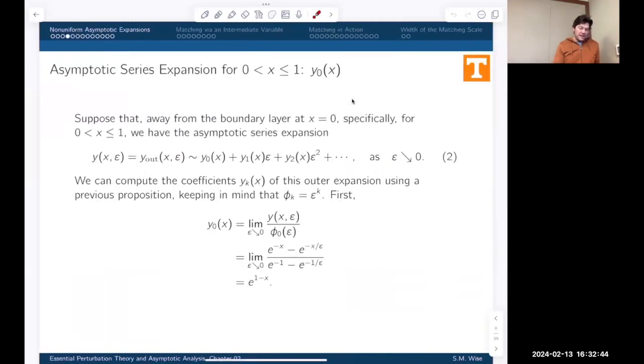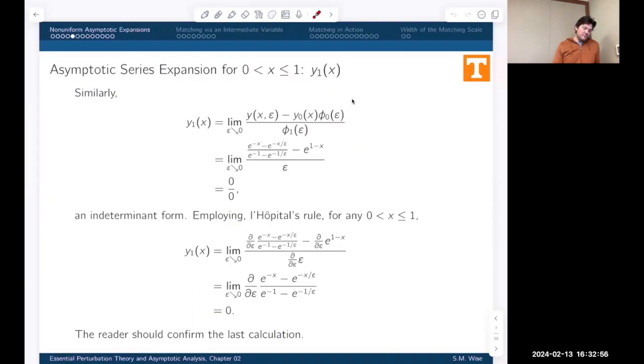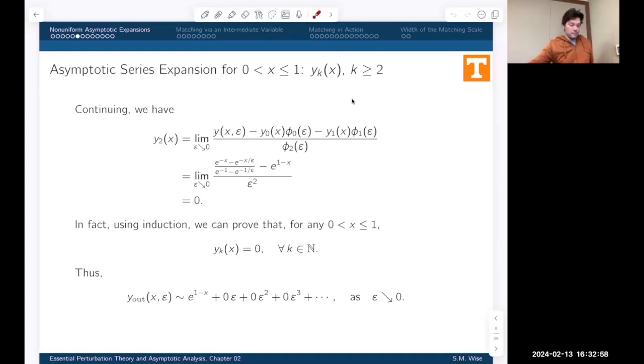So we're building up our asymptotic expansion. We have y0. Now we found out that y1 is 0. We might have y2 being non-zero, might be 0. Let's see what we get. So let's move on to y sub 2.